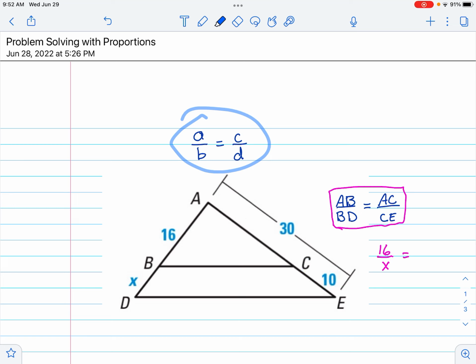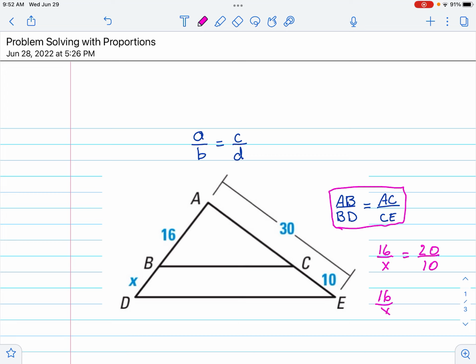So that means that AC is 20. So here's what we've got. AC is 20 over 10, like that. Okay? AC to CE is 20 over 10. So those add up.